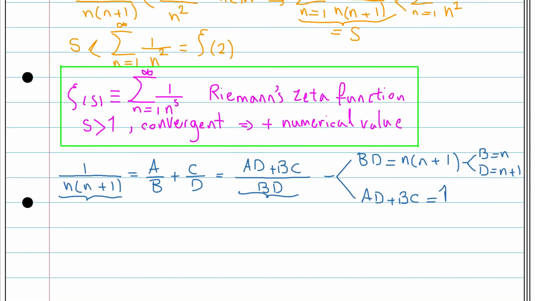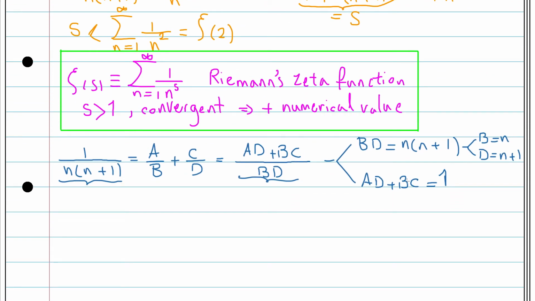Now, if I plug them into the second equation, I get a times n plus 1 plus c times n equals 1, which is a plus c in parentheses times n plus a equals 1.